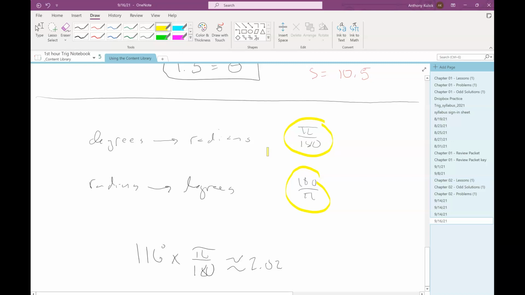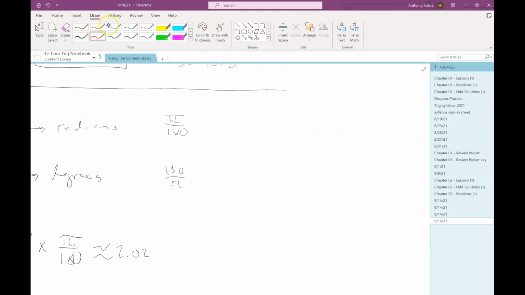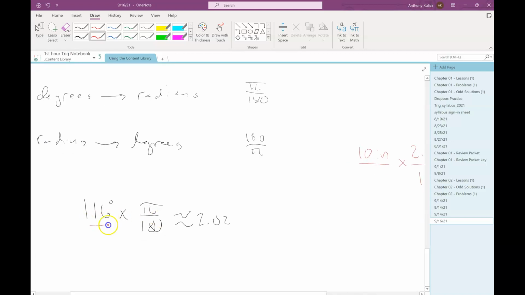And the way that I remember it, just like any other unit conversion, like if I want to convert inches into centimeters, I have 10 inches, I have to multiply it by 1 inch, which has to go in the denominator. So if I have 116 degrees, the degrees have to go in the denominator, so I know the 180 is on the bottom, and the pi radians is on the top, giving me an answer in radians.